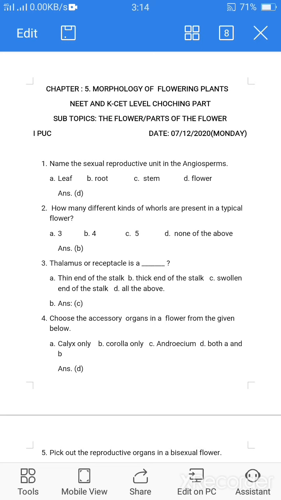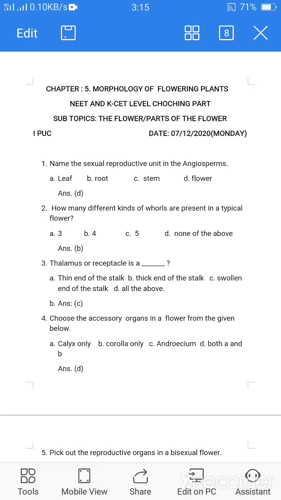As we discussed earlier, androecium and gynoecium are called sexual reproductive organs, meant for production of gametes, leading to fertilization in sexual reproduction. Calyx and corolla are accessory parts. So what is the reproductive unit in angiosperms? It is nothing but option D, flower.